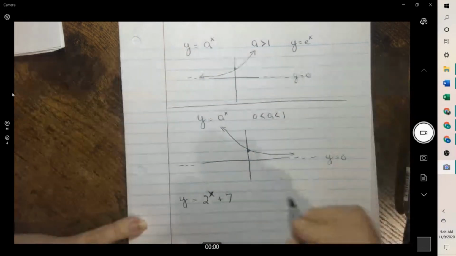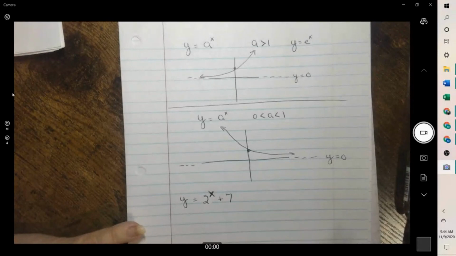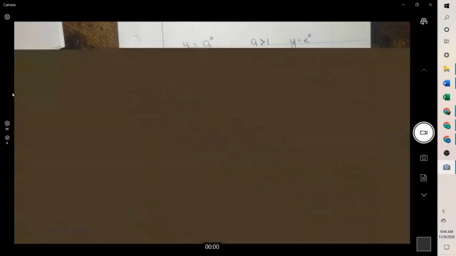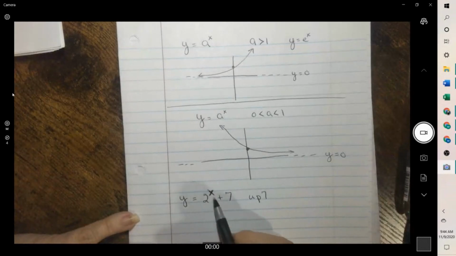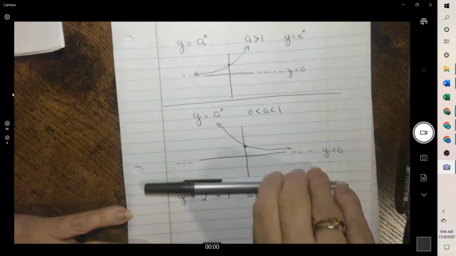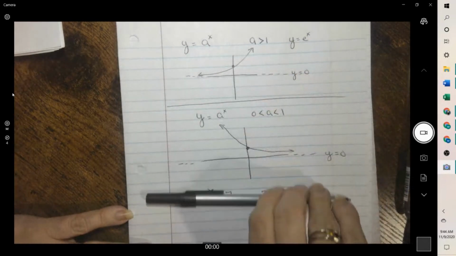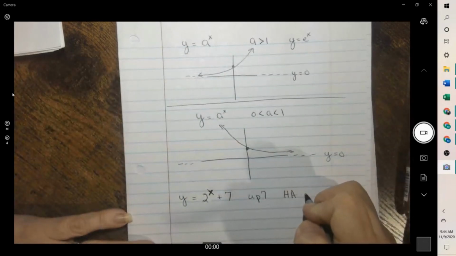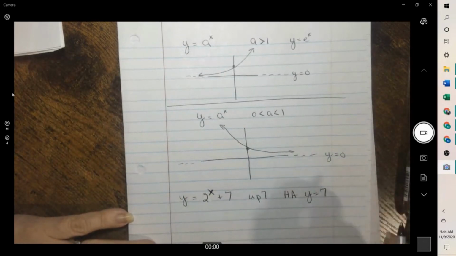Down 7? No. It'll move up 7 because it's not with the x. We use the same sign. And since it's moving up, the horizontal asymptote is going to move up with it. We have a horizontal asymptote at y equals 7.